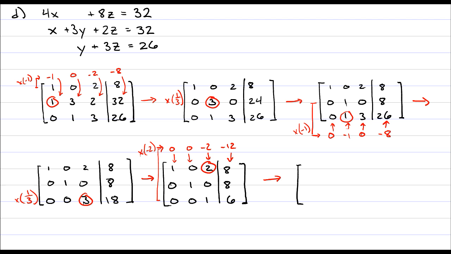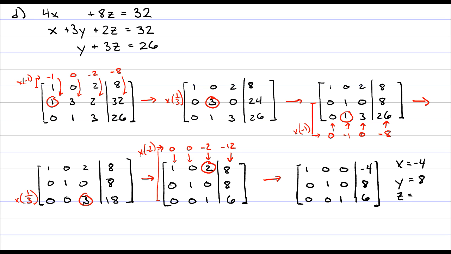And that gives me the matrix 1, 0, 0, minus 4, 0, 1, 0, 8, 0, 0, 1, 6. And my final solution then is x equals minus 4, y equals 8, and z equals 6.